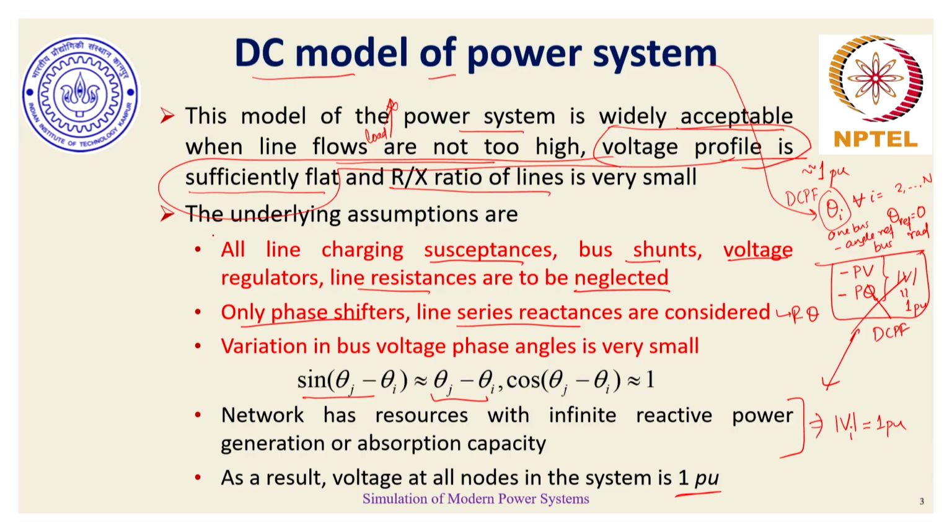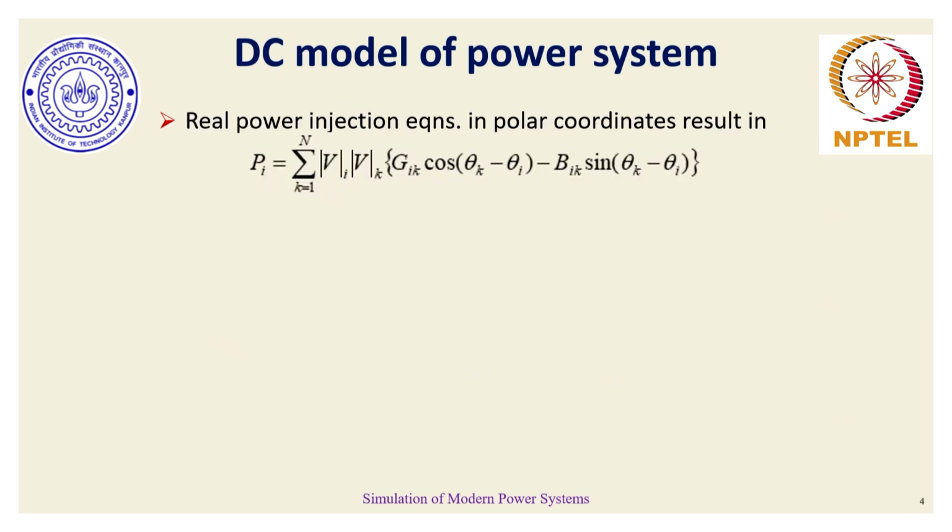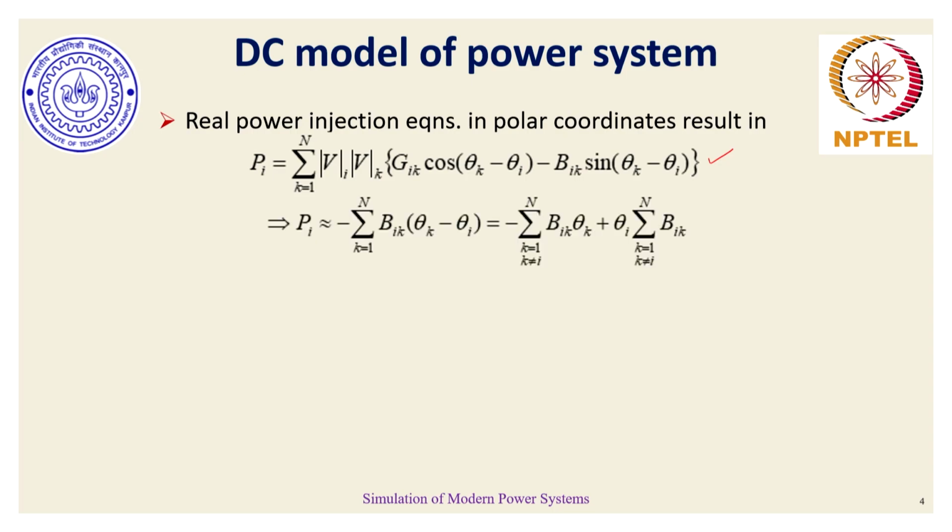Using these assumptions, if we now focus on the expressions of real power injection, this is our actual expression of real power injection at bus I. Since cosine of the angle is 1 and the real power conductances are 0, we only have the B term, where the phase angle sine is replaced by the phase angle.